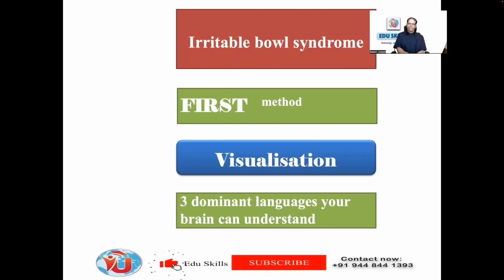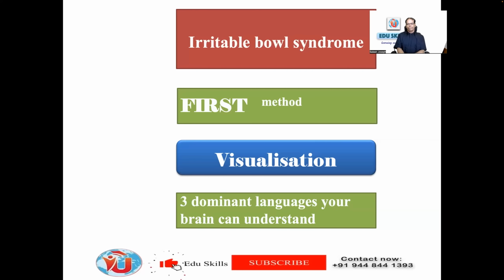Okay, 3 dominant languages that your brain can understand. Maybe just the other day I taught you about 5 love languages of nurses. I haven't completed it. I just spoke about one particular language, and the second will be continued. But some had a confusion regarding that.